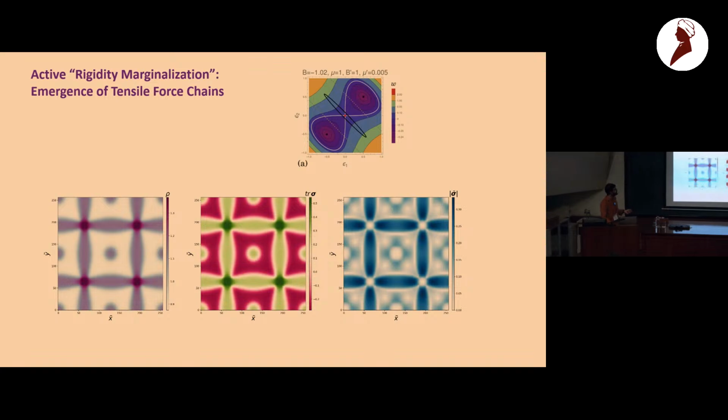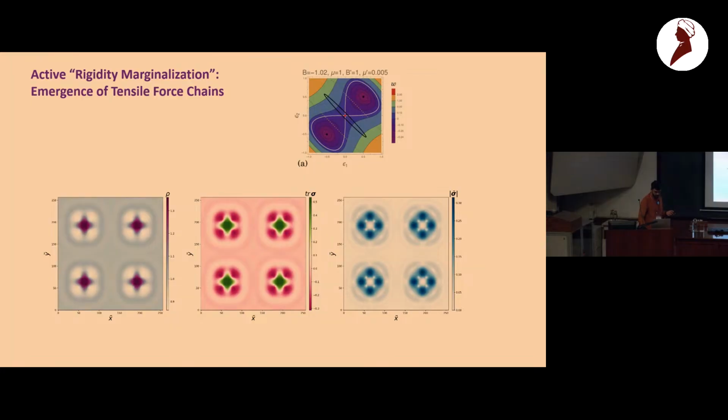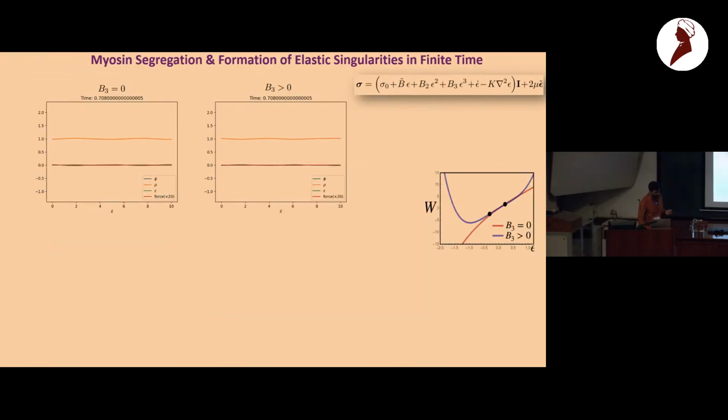This material is a homogeneous elastic material where the whole material has the property B plus mu equals 0. But our actomyosin system is a heterogeneous material because the moduli are not the same everywhere. This is just a 1D simulation.